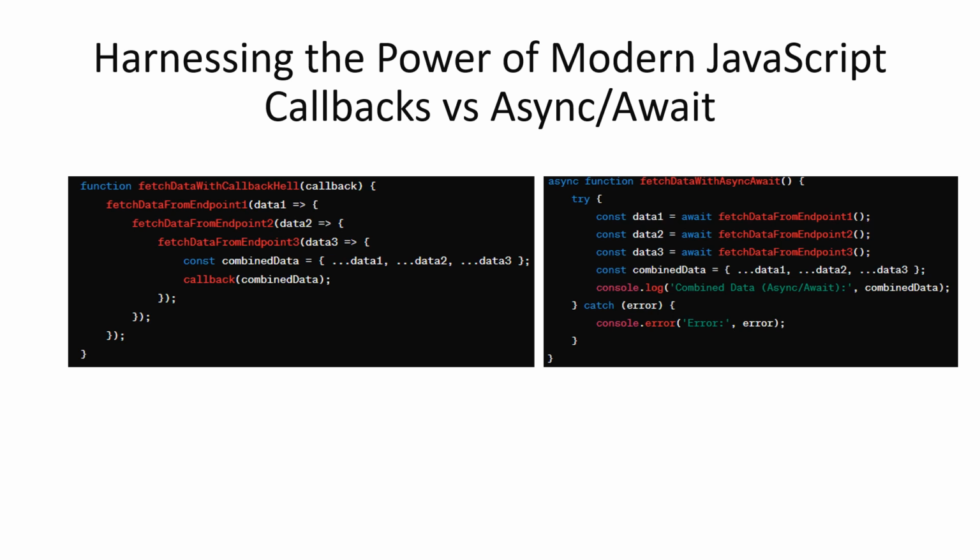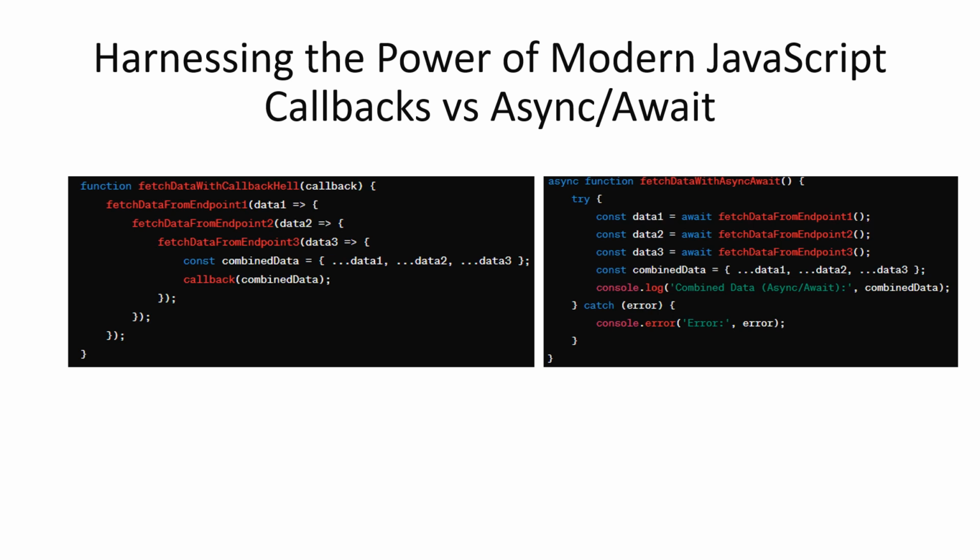Now, async await. Async await can be considered as syntactic sugar to write cleaner code using promises. If you watch the provided example, this is the same code written with async await. The LHS shows the callback version and the RHS shows the async await version.